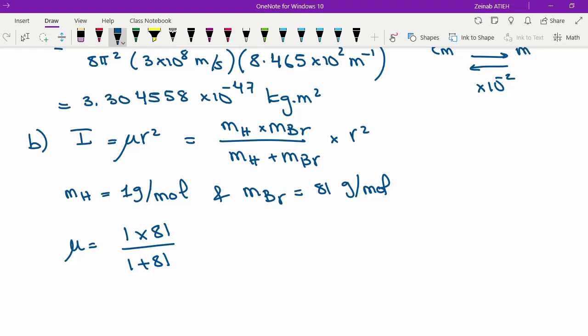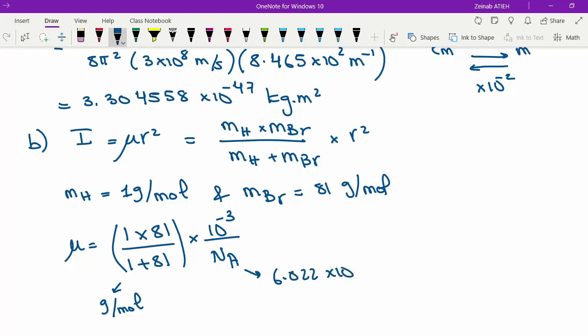So I'm not searching for the reduced mass of a mole of molecules. I'm searching for the reduced mass of a single molecule in kilogram. So to change it from gram to kilogram first, I have to multiply by 10 to the power minus 3, because here the final answer will be in gram per mole. So I have to multiply by 10 to the power minus 3 to change it to kilogram, and then divide by Avogadro's number, which is 6.022 times 10 to the power 23, the number of molecules in a mole, mole minus 1.